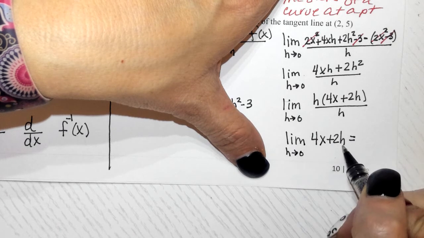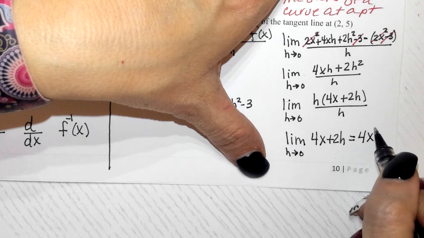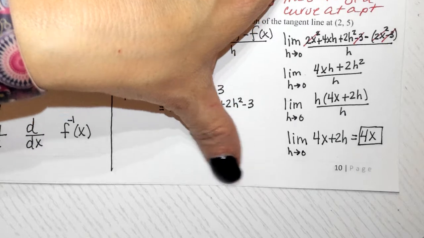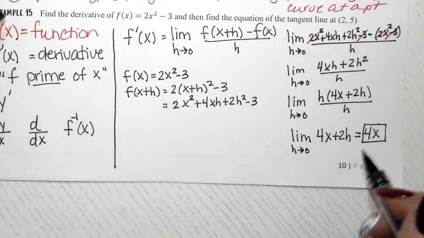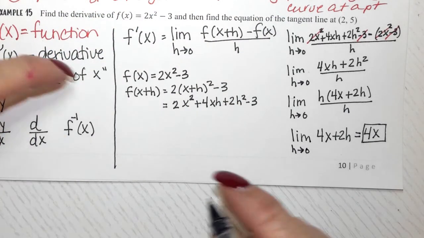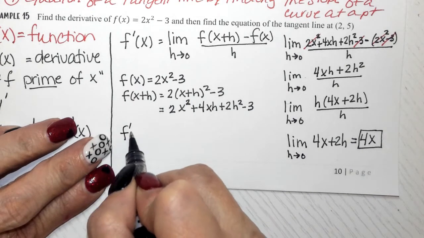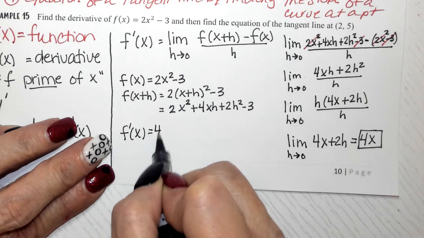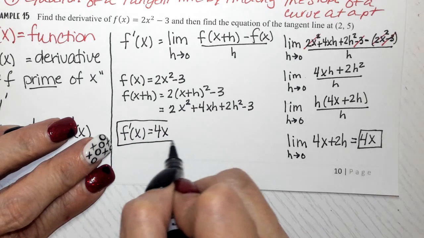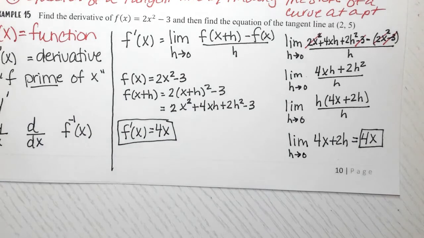And I would put the 0 in, and I would end up with just 4x. So at any point, I know that the derivative is 4x, meaning the slope of the curve at any point is 4x. So I would say that f prime of x is 4x. That's what I need to know. The slope of the curve is 4x.